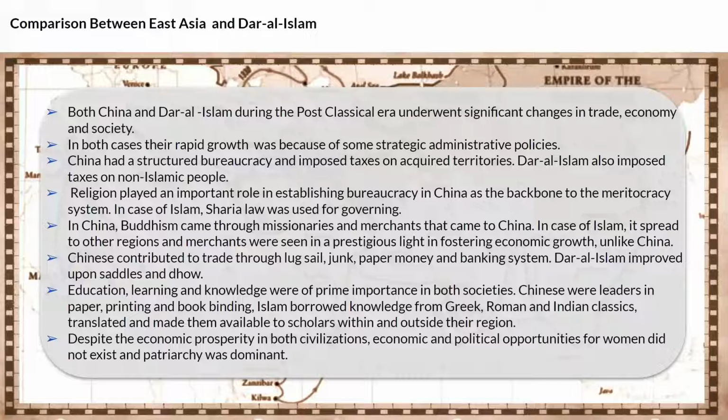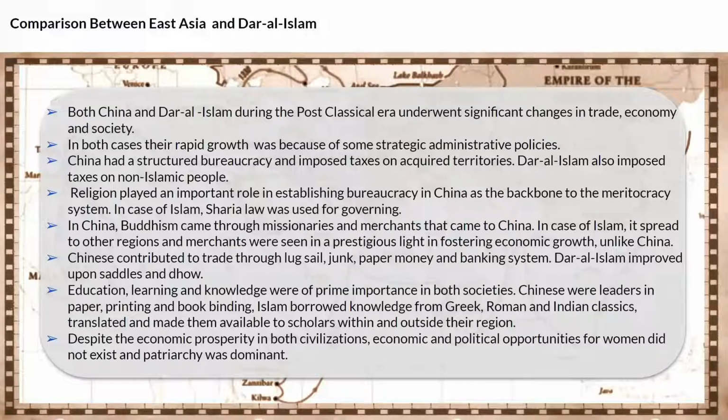Dar al-Islam also imposed taxes on non-Islamic people, such as Buddhists and Muslims, mostly Muslims. Religion played an important role in establishing bureaucracy in China as the backbone to the meritocracy system. In case of Islam, Sharia law was used for governing.